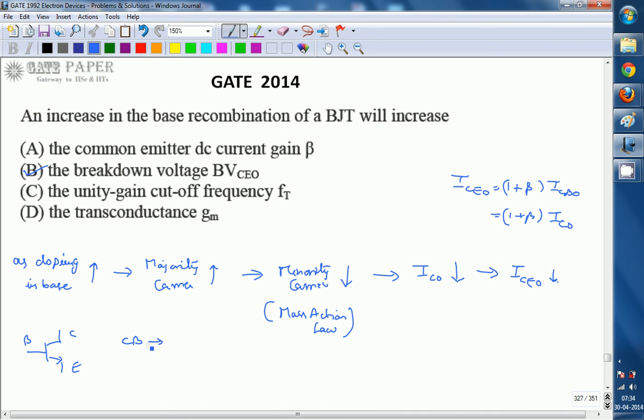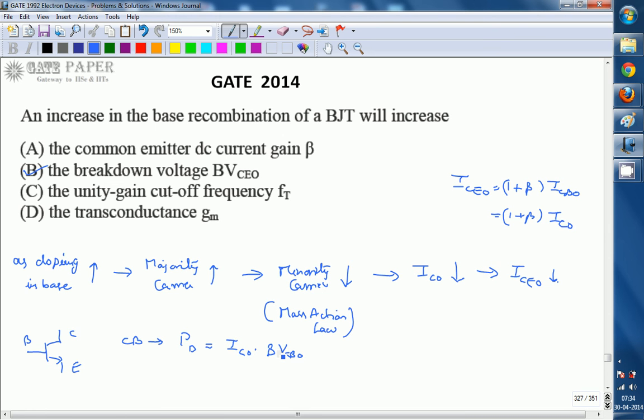In that case the power dissipation of the transistor is specified as ICO into BVCBO. This is the maximum power dissipation by the transistor. If it is more, the transistor breaks down.